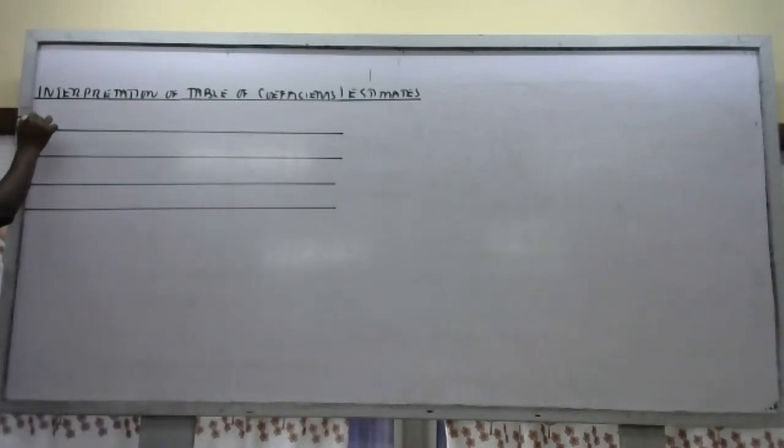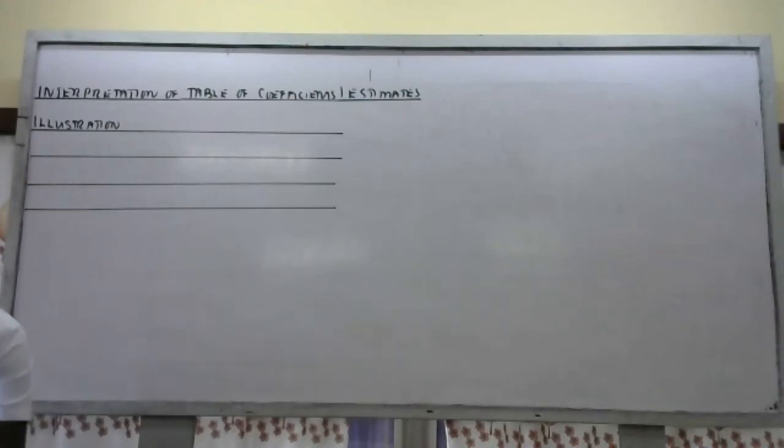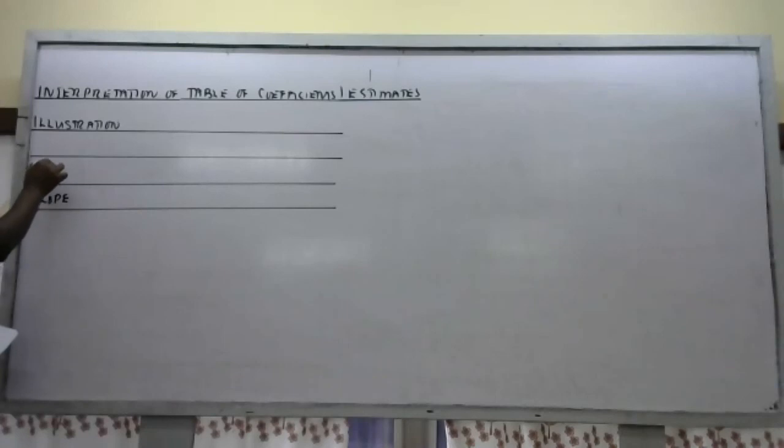So we have an illustration. In the illustration, we have the coefficients, or let me just call it slope. This is intercept. Call it liquidity.